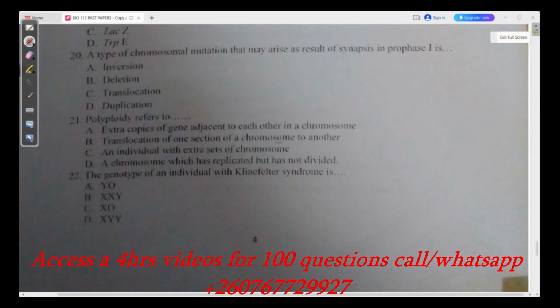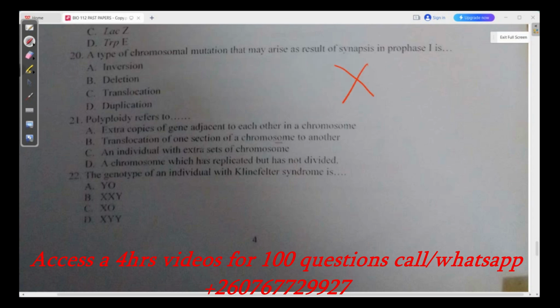Okay. 20. A type of chromosome mutation that may arise as a result of synapsis in prophase 1 is... So we know that during prophase 1, synapsis is the process by which the maternal and paternal chromosomes come together and align themselves gene to gene.